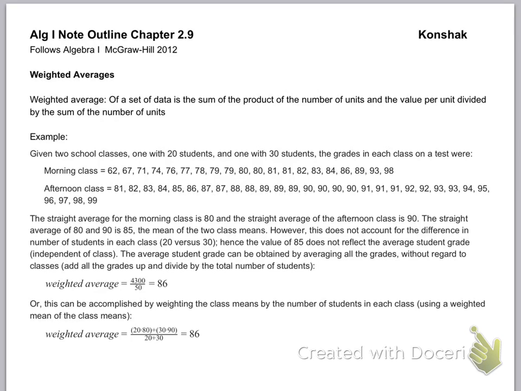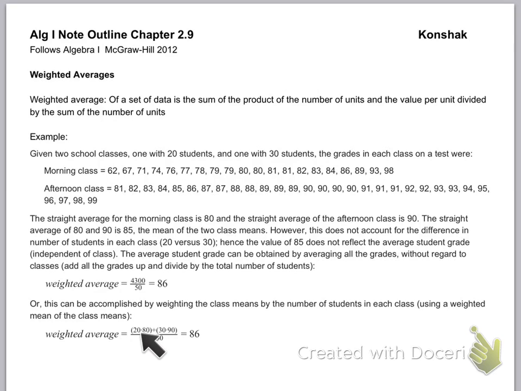You can do that, but what happens if I don't give you all of those scores? Here's the cool thing. If I only gave you the fact that there's 20 students in one class that had an average of 80, and there's only 30 students that had an average of 90, then you would have to use the weighted averages down here. That's really small, I see that on the screen.